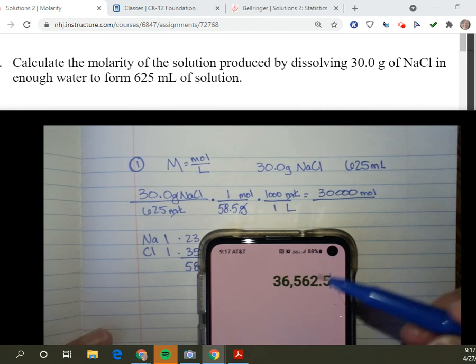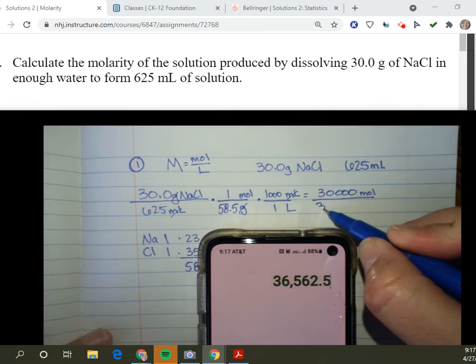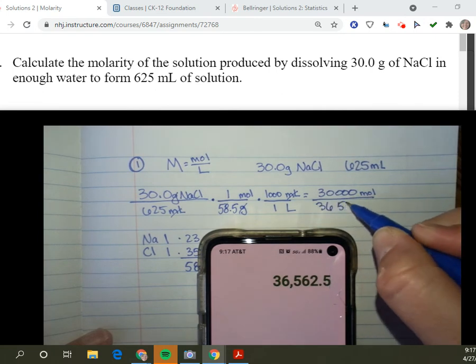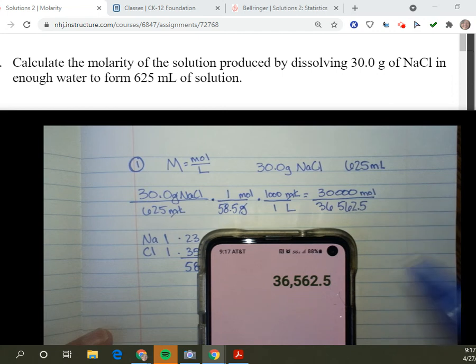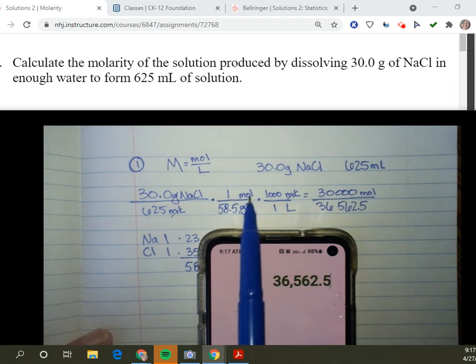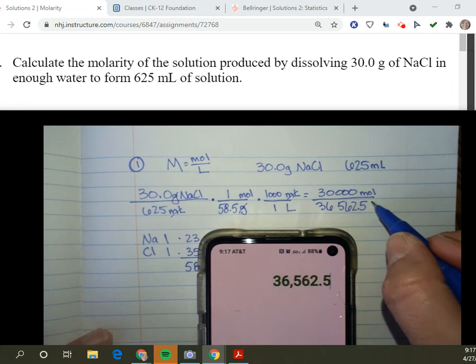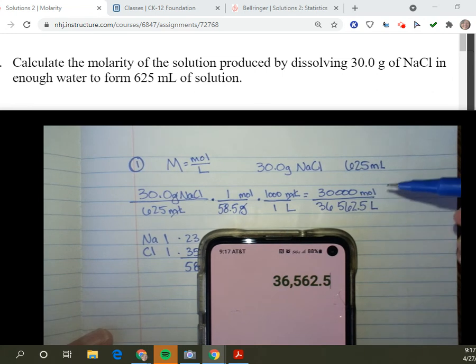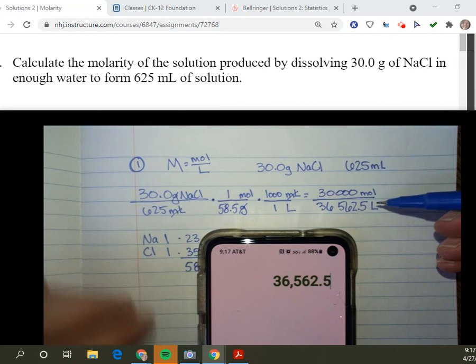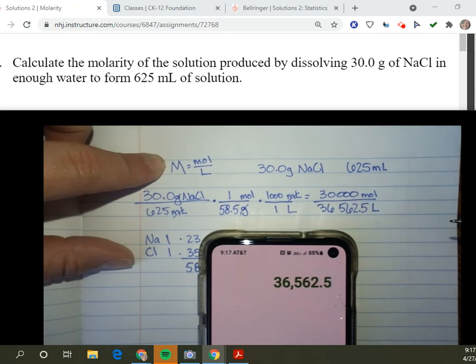We'll do times 1 for clarity. We're going to have 36,562.5. We go across the bottom. Our milliliters canceled, our grams canceled, but we have liters. So now we can see that our units match molarity. We have molarity.